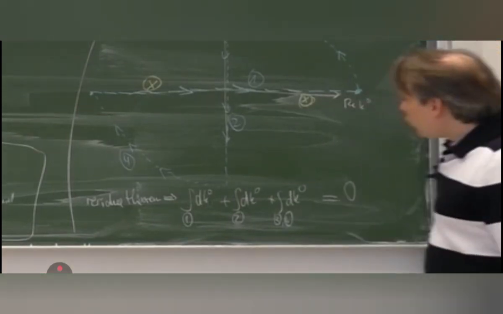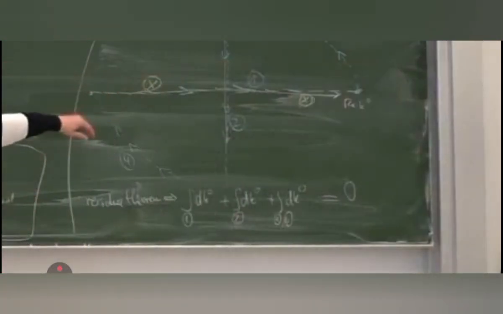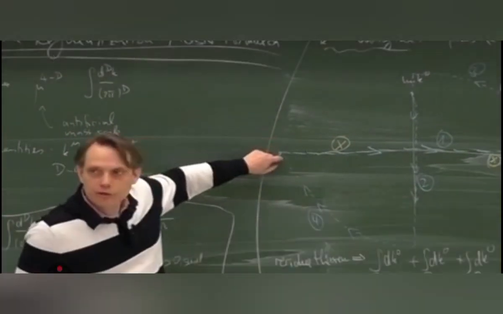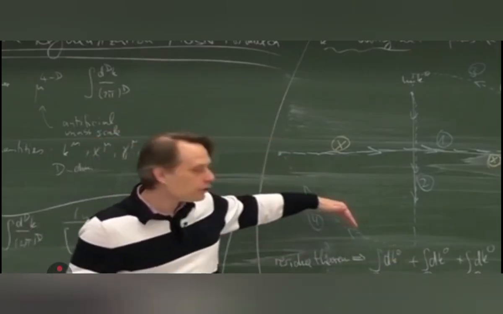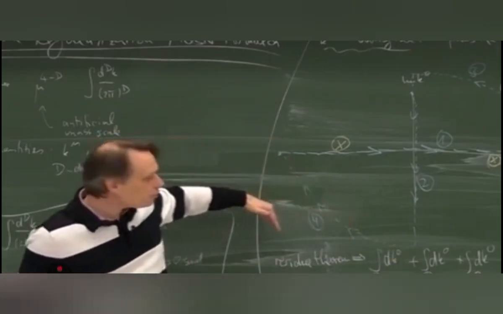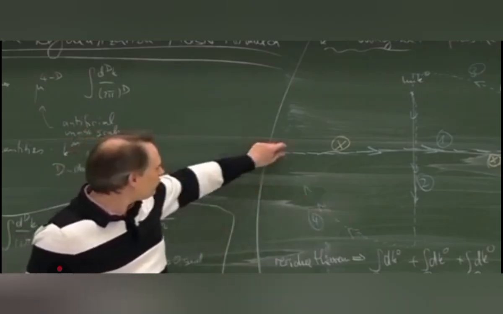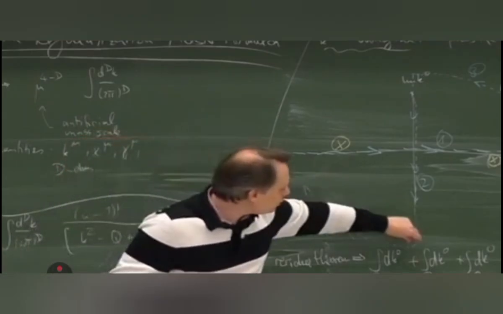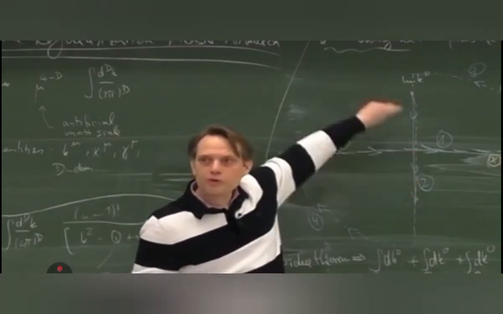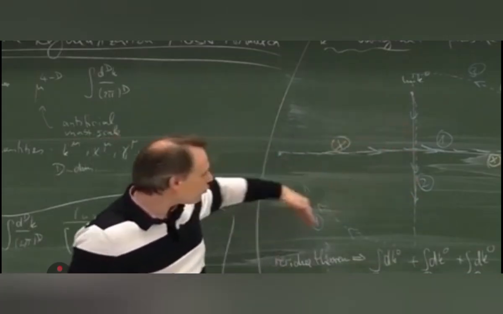But we know also more, namely, this path here doesn't go to infinity, but it's at a fixed radius here. But let us make the radius of these circles bigger and bigger. Then of course here we converge towards an integral over the real axis. Here we converge towards an integral over the imaginary axis, and the circles get bigger and bigger.